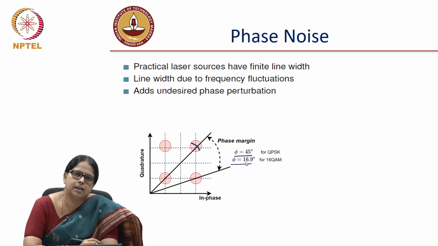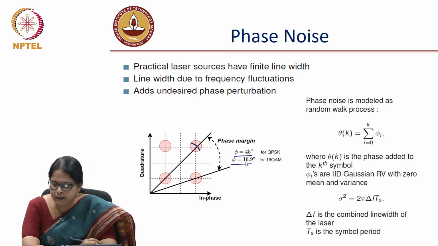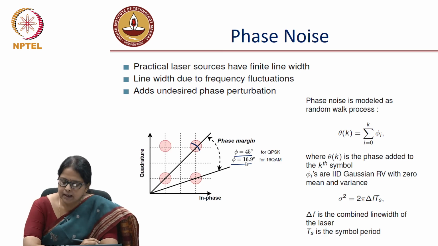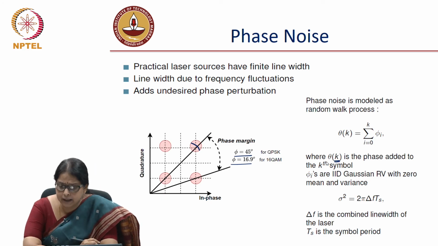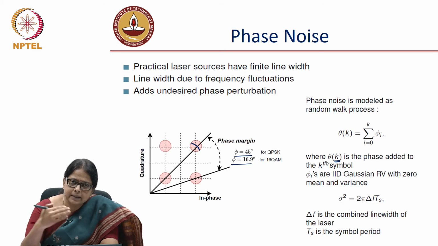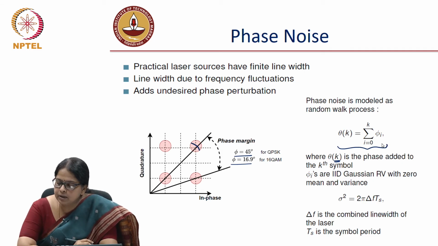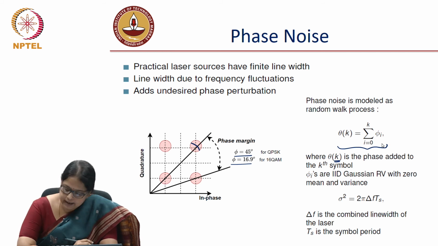We have seen this in the laser module before, but just as a quick recap, it is modeled as a random walk process, which means that for the kth symbol, the phase of every symbol gets added by the summation from 0 to k of phi i, where phi i is an IID random variable.